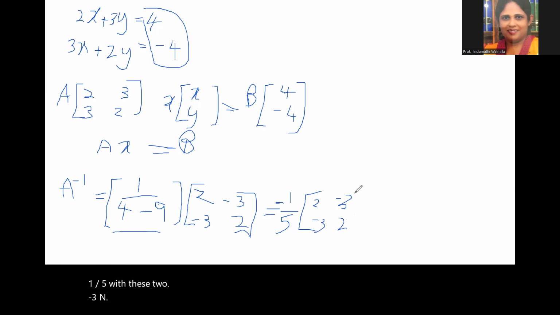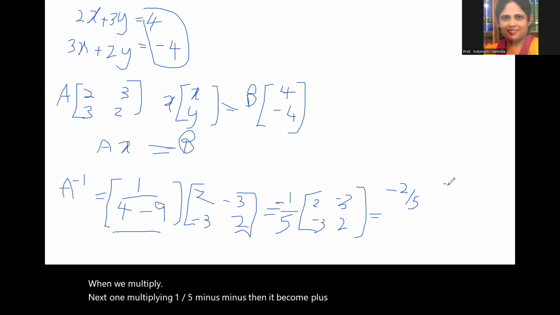Now take the value. 1 over 5, that means 2 over -2 over 5. Next one, multiplying 1 over 5 by minus minus, then it becomes plus, then it is 3 over 5. Okay.